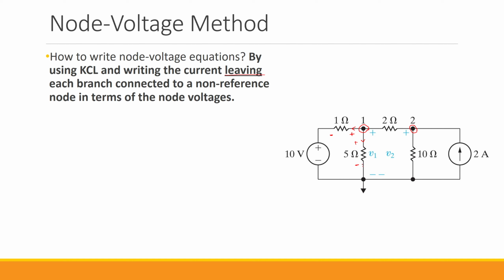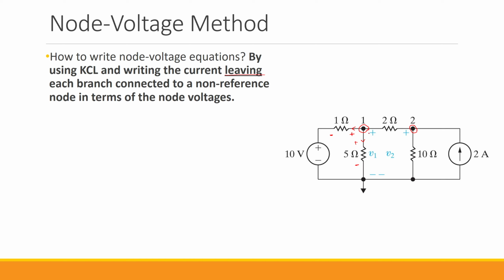So what is the voltage across this 5 ohm? The voltage is going to be V1 divided by 5 ohms. So we basically don't have this subtraction anymore.